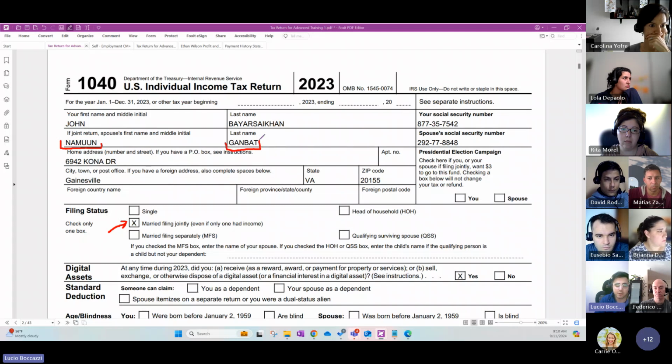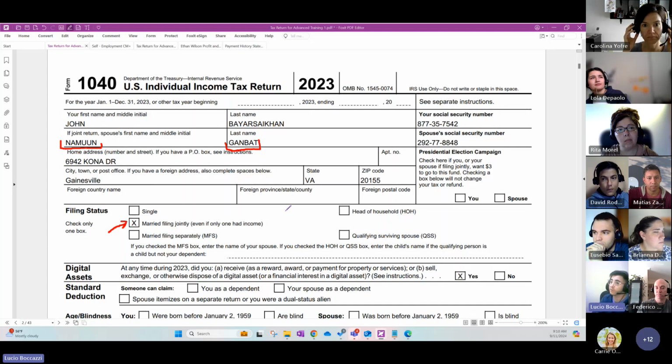Now, the fact that they are married would make us go back to the application and see if they recorded that they are married. If in the application for residency it shows that they have never been married, then we will need to address this with the applicant and find out what's going on. But if you go to the application and they are married and you have their spouse in the file, then that's completely fine.